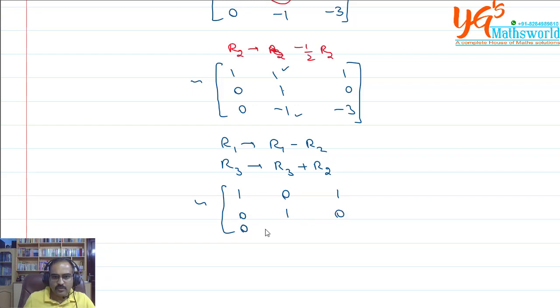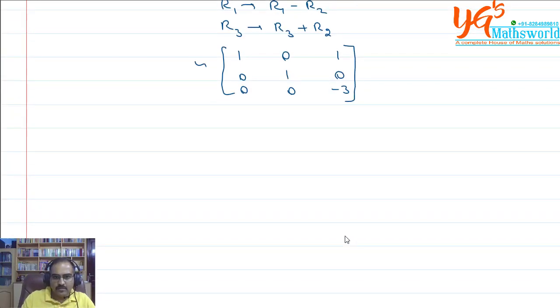So now 0 0 and minus 3. Okay, now the next step I can do is reduce this minus 3 element to 1. So on R3 it is minus 1 by 3 R3. Basically the result has been obtained, but I am doing the expanded form.